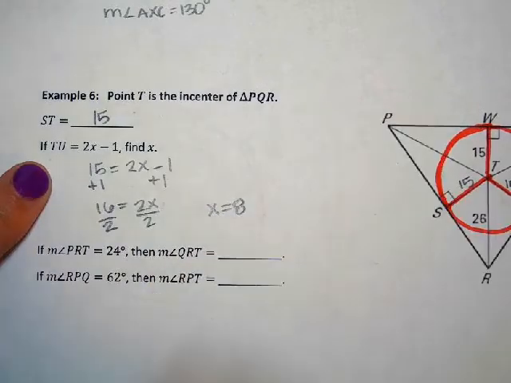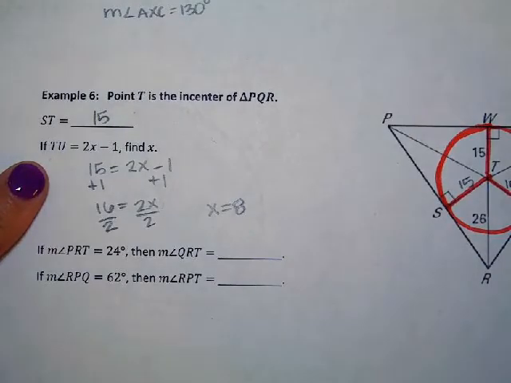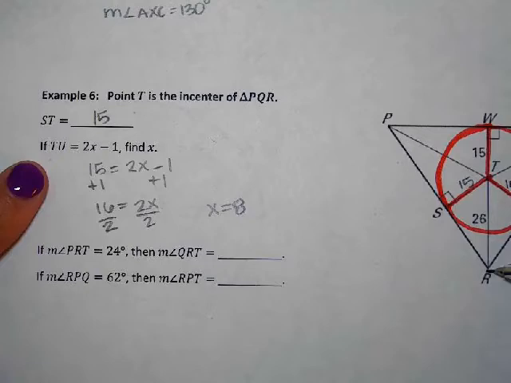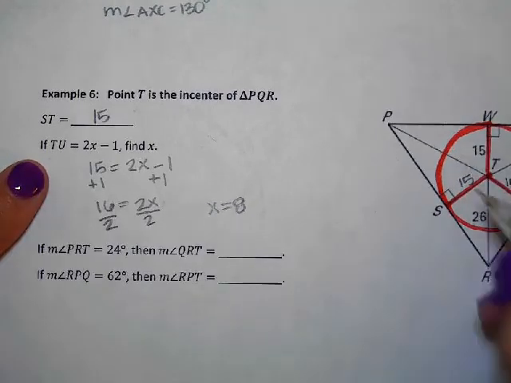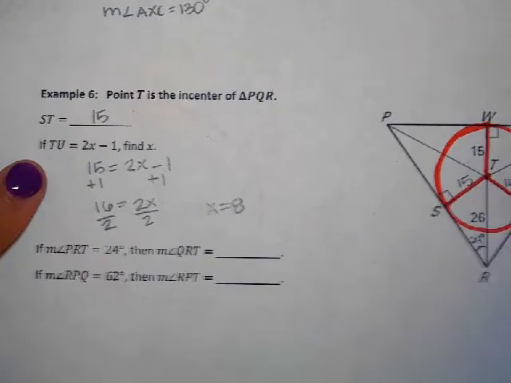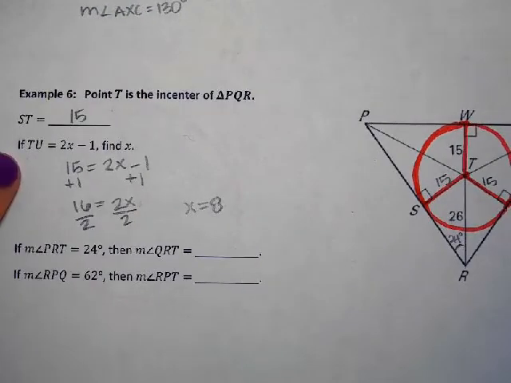Okay, and then for the next question, it says PRT. So from P to R to T, PRT is this part right here. PRT is 24 degrees. If PRT is 24 degrees, then QRT is what? It's also 24 degrees. They got to be the same. Okay?